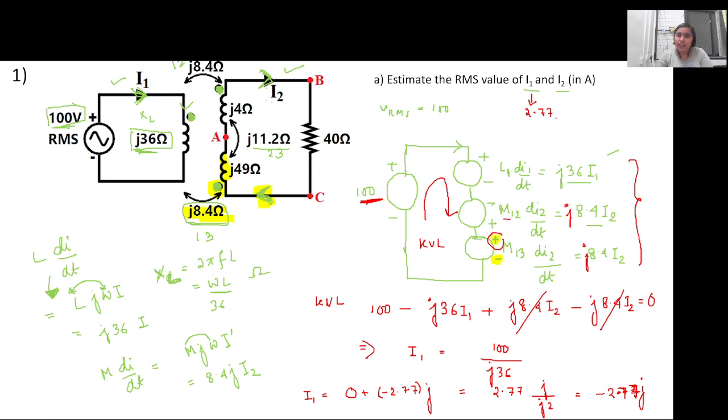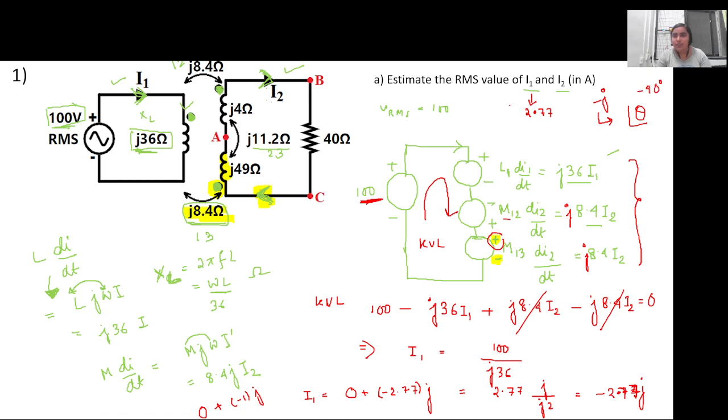We are writing this in phasors, right? So you have to write plus 2.7. This minus j, if the phase angle had been asked, you would have to convert it in terms of angle. Minus j is actually 0 plus minus 1 into j, so the theta will be minus 90 degrees.